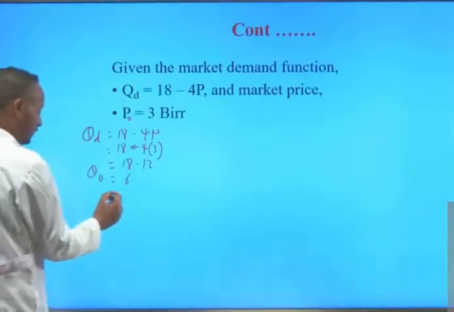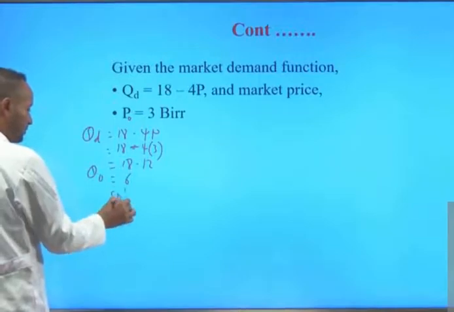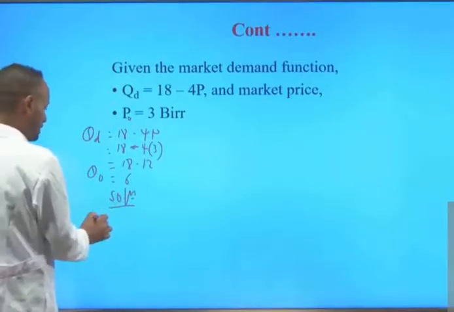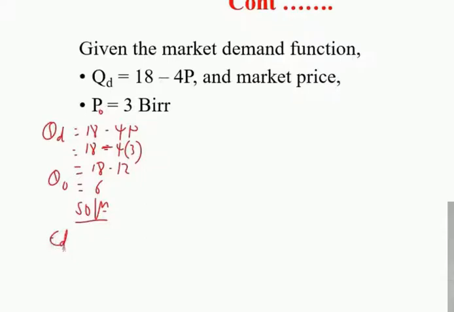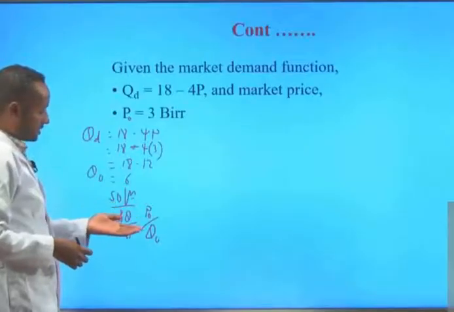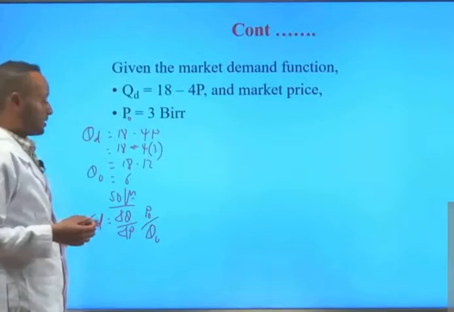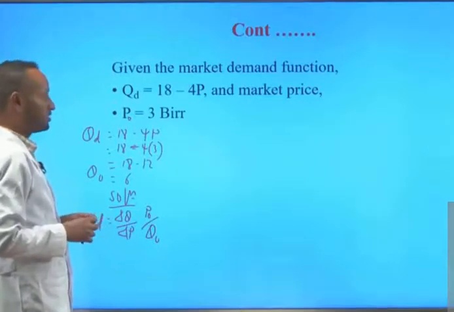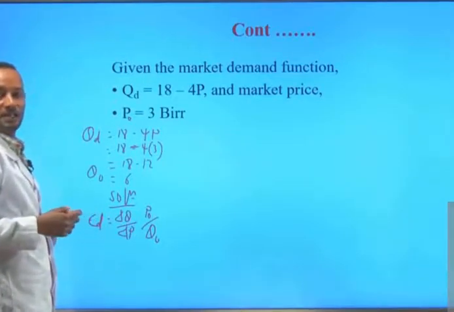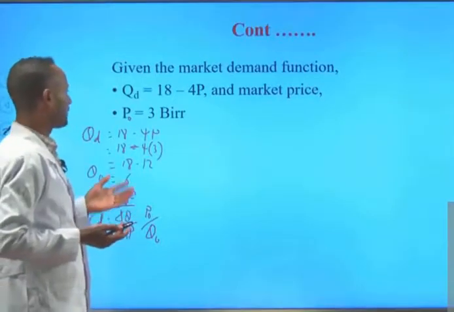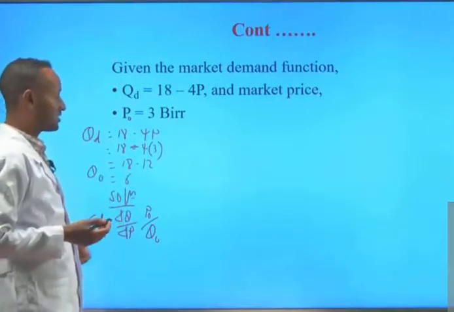When we come to the formula, the price elasticity of demand at a point is calculated by dividing the change in Q for the change in P, multiplied by the initial price divided by the initial quantity. But we have the initial price and the initial quantity, but we don't have the value of the change in Q for the change in P. But there is a means of getting it.